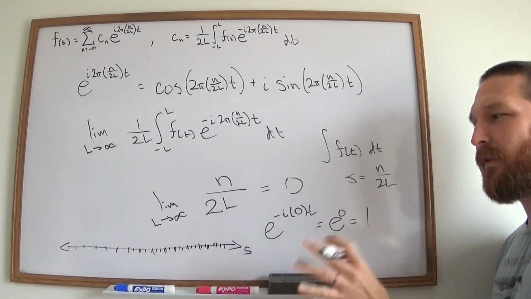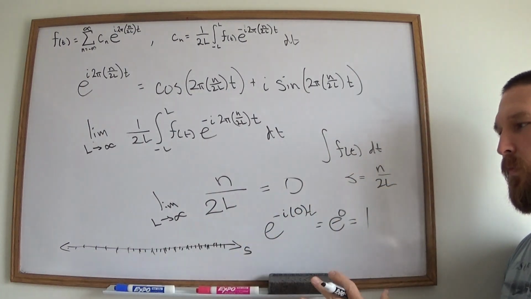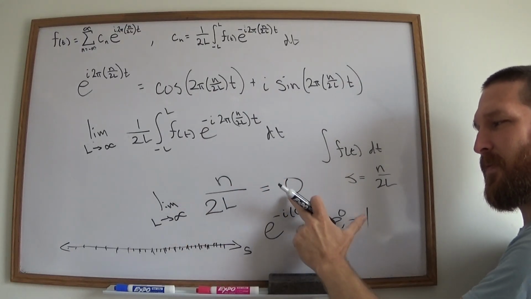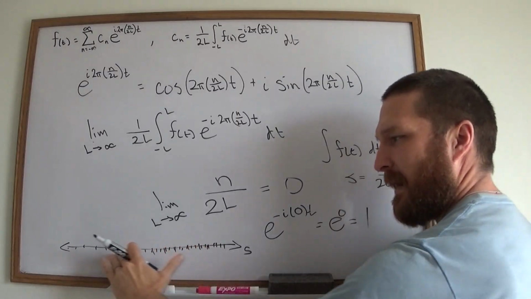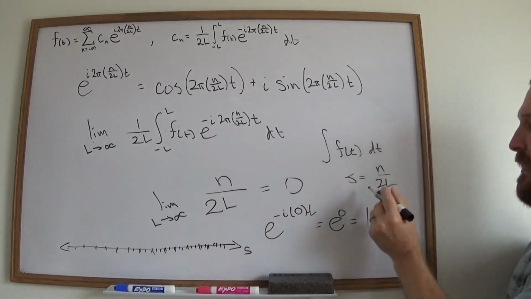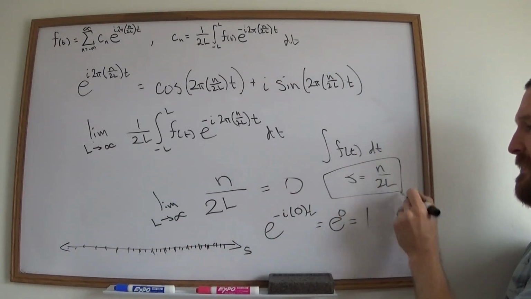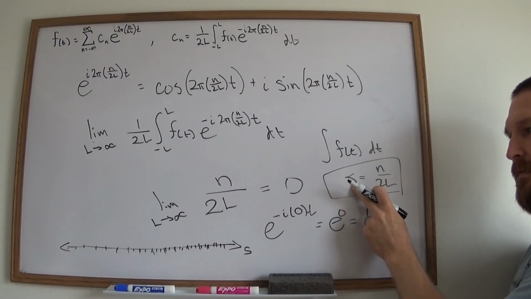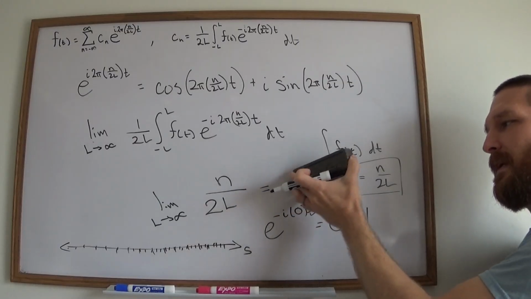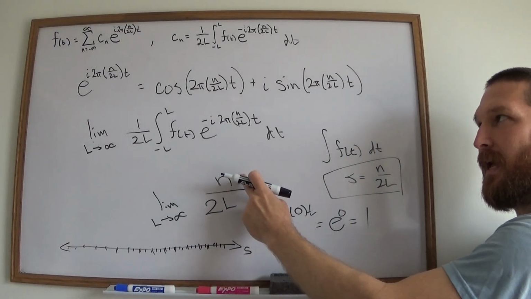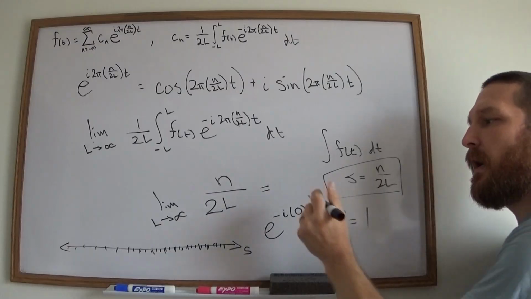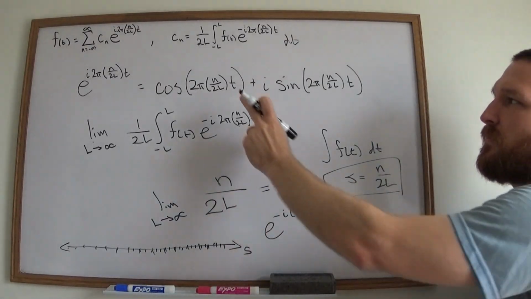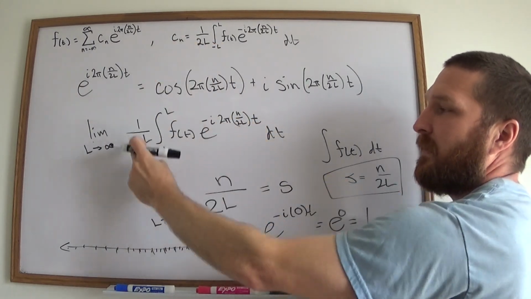And so this is a really weird case where when you take the limit of something here, it gives you the possibility of getting any real number for S. And so it depends on what n you chose.